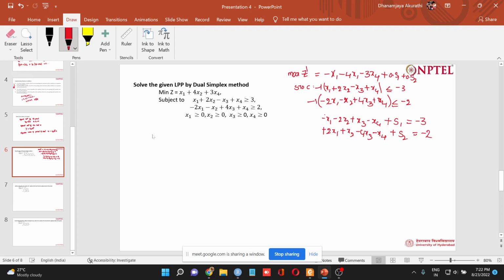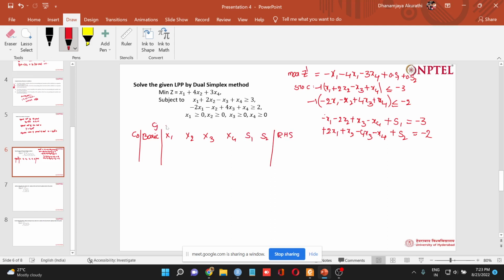First, we write the initial table. You can see here the cost coefficients Cj and the basic variables. Here the variables are x1, x2, x3, x4, I mean all the variables involved, and also the RHS.